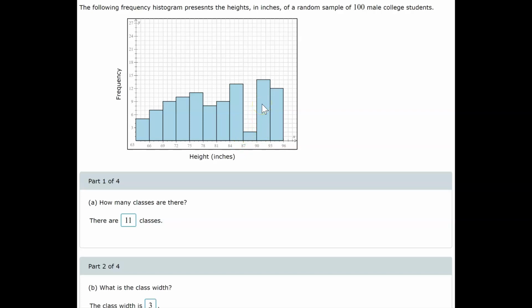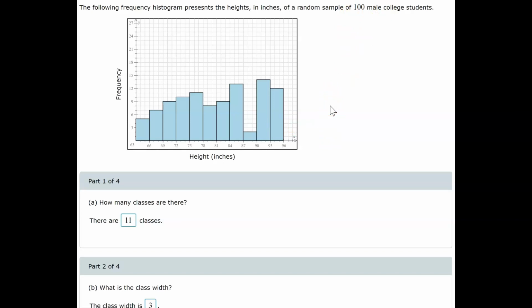So between 90 and 93, it looks like we have 14. And then between 93 and 96, we have 12. So we had 13 plus another 2, so that's 15, plus 14, that's 29, plus a final 12 puts us up to 41. So we end up with 41 students out of 100 that are more than 84 inches tall.